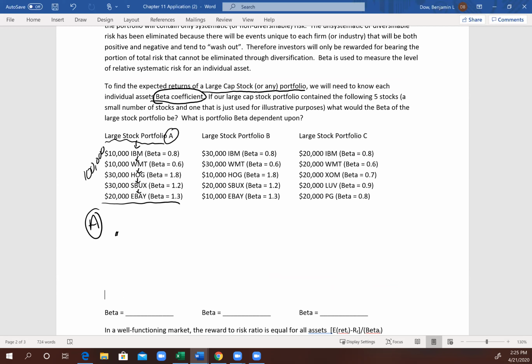But it holds 10% in IBM, 10% in Walmart, 30% in Harley Davidson, 30% in Starbucks, and 20% in eBay.